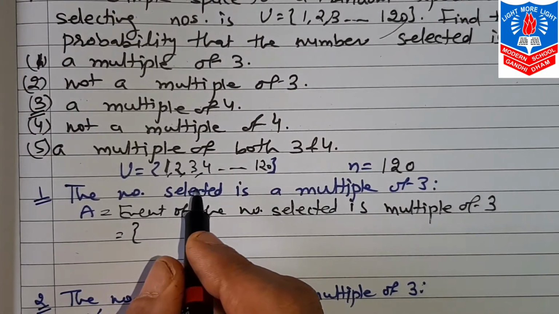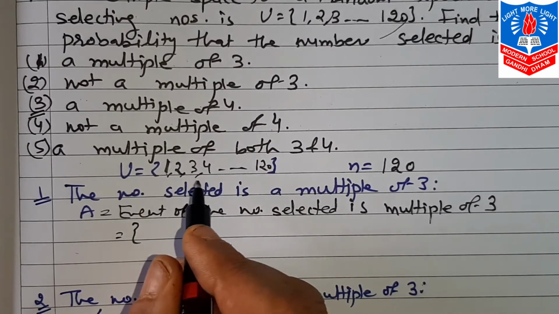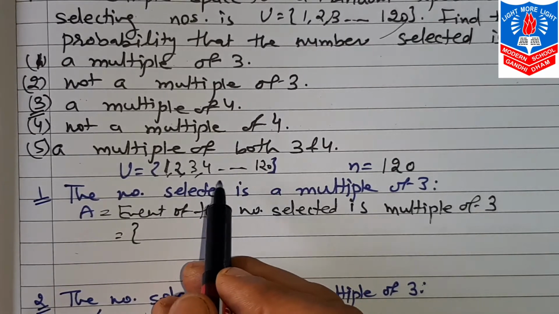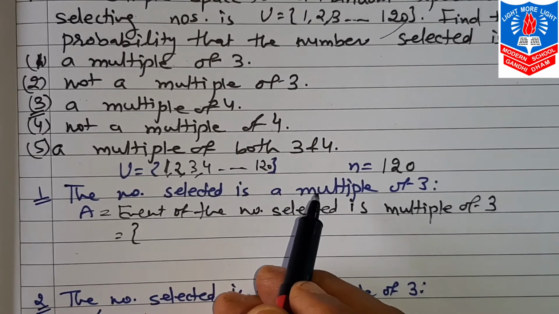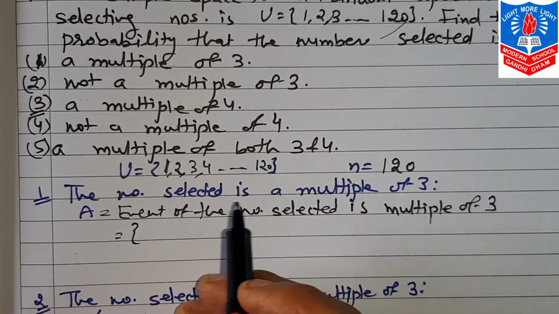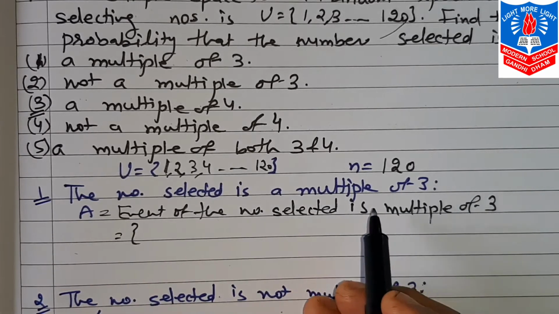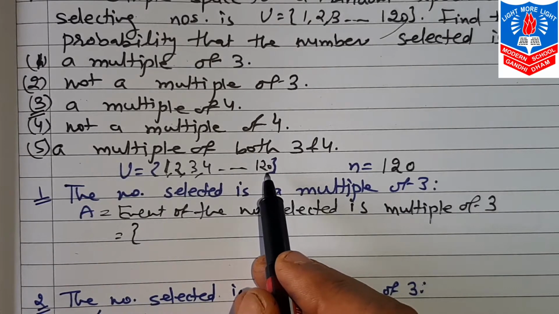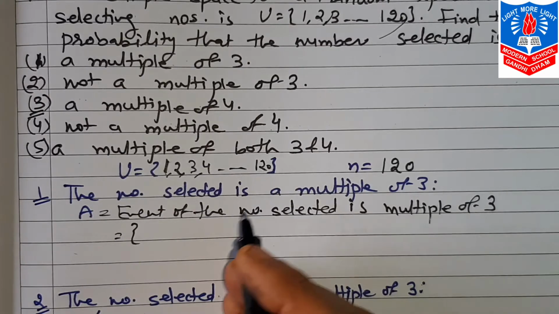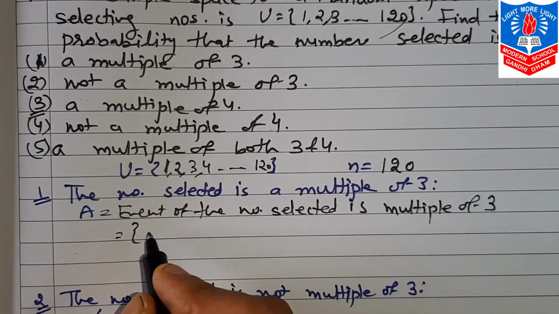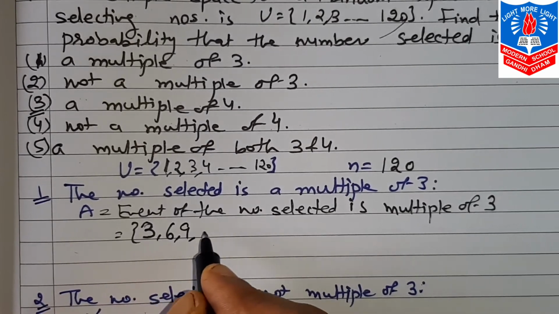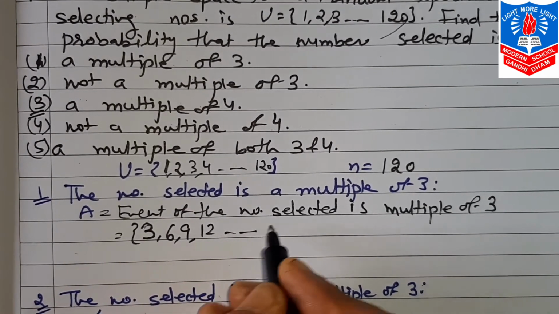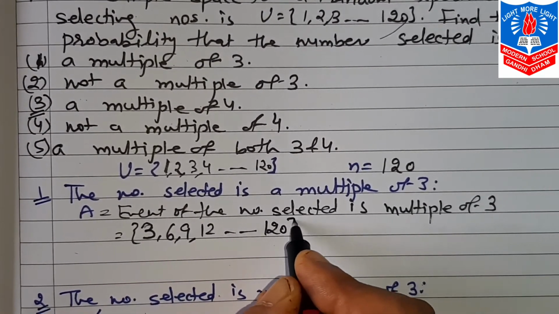We know very well what multiples are. Multiples of 3, that is 3, 6, 9, 12. We have to take up to 120 because the last number is 120. We cannot write all these numbers, but we can show it this way: 3, 6, 9, 12, and the last will be 120.